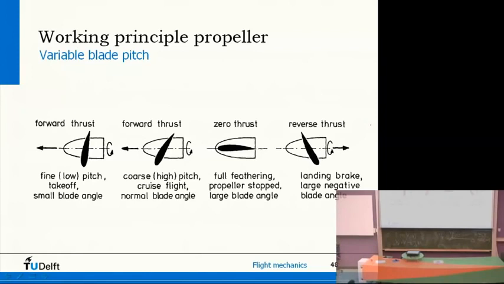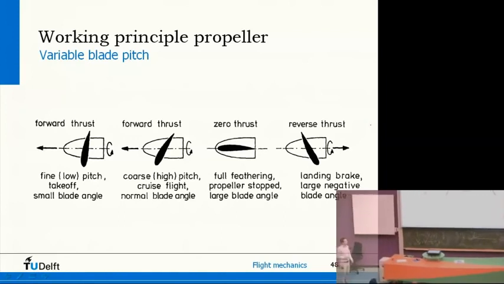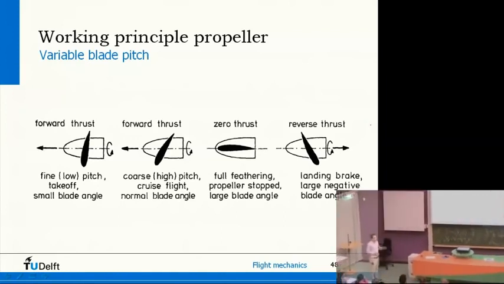If you see a propeller operating at takeoff, so no speed, then you could have a different attitude of the propeller compared to when you're flying forward in order to have the same angle of attack.